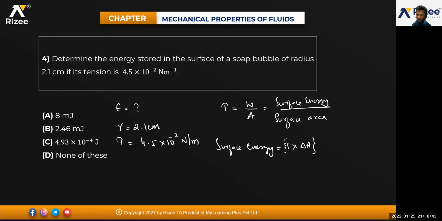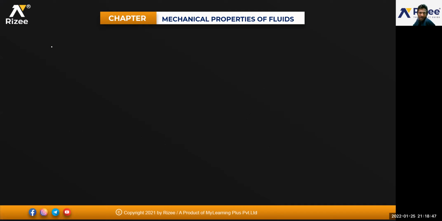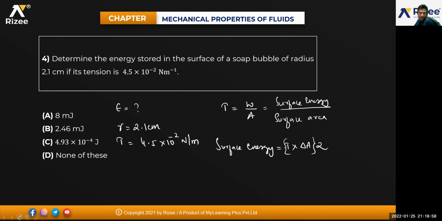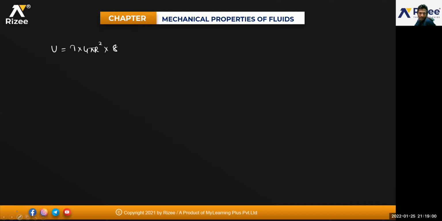As it is a soap bubble, it has two surfaces. So I can write here, work done or energy is equal to surface tension into area, which is 4 pi r square, into 2.